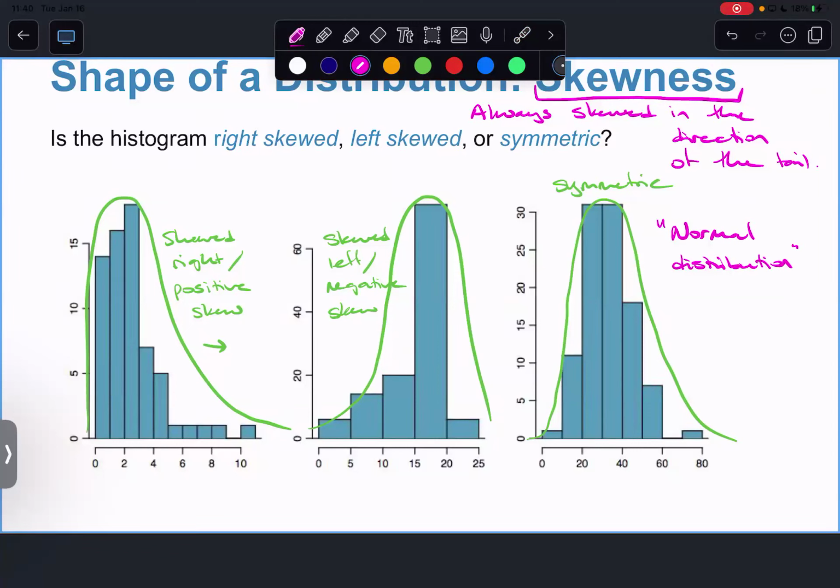It would have been capitalized anyways, but a normal distribution is a unimodal symmetric distribution, specifically with these tails, kind of this beautiful bell shape curve.